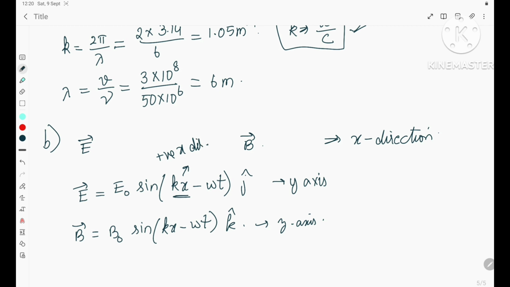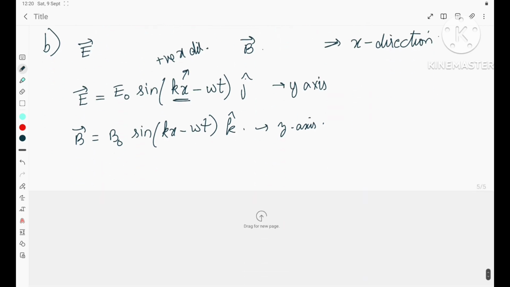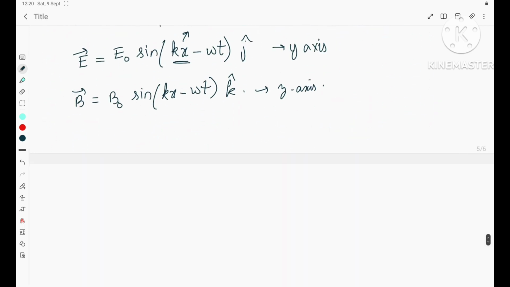Okay, so keeping all this in mind, and we already know the value for k and omega, so we can directly substitute here. We will get E vector is equal to E naught. What was E naught we calculated? E naught is equal to, it's given, 120 Newton per Coulomb. So 120 into sine, the value for k is 1.05 into x minus omega, the value for omega is 3.14 into 10 to the power 8 into t.